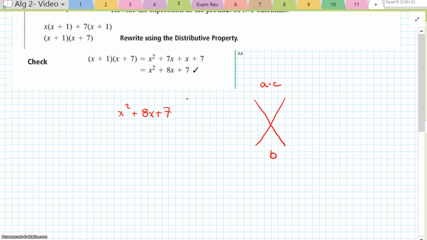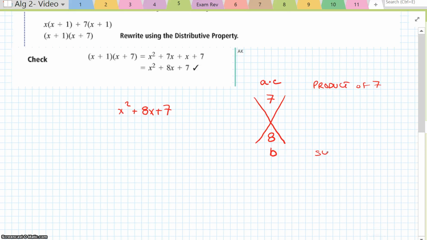So our a times c value here is 1 times 7, so that is 7, and our b value is 8. So we need a product of 7 and a sum of 8. So if we look at that, 7 times 1 meets that criteria.